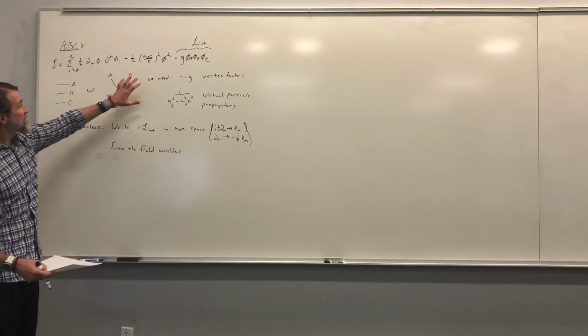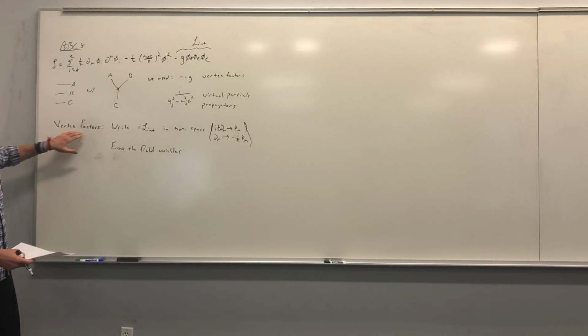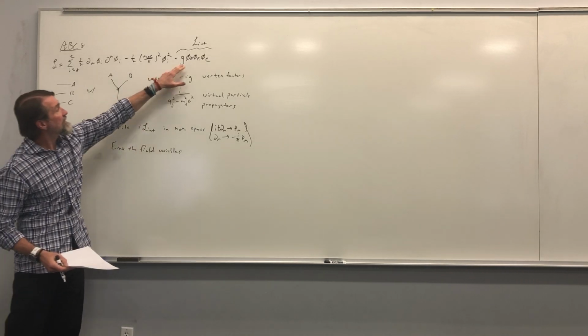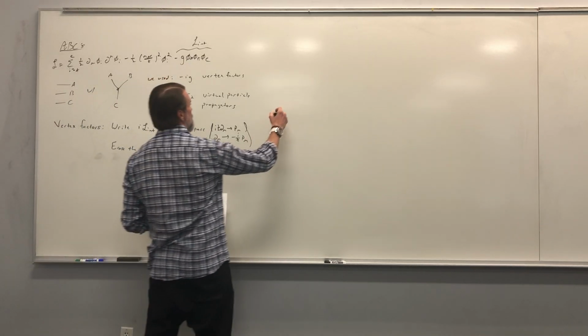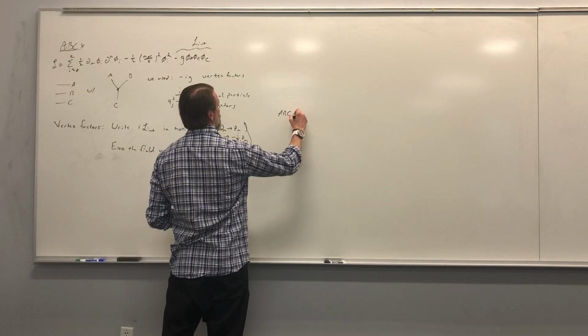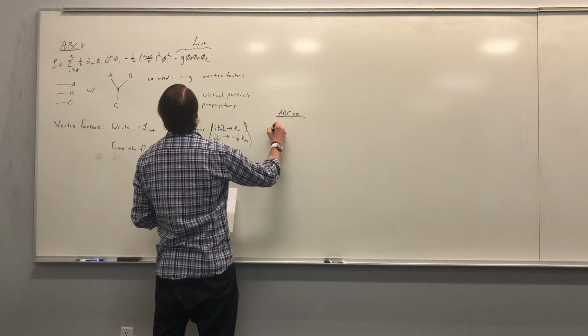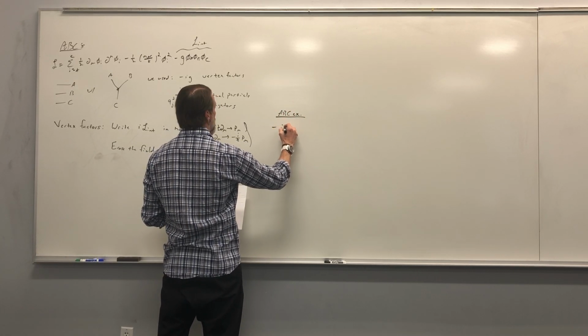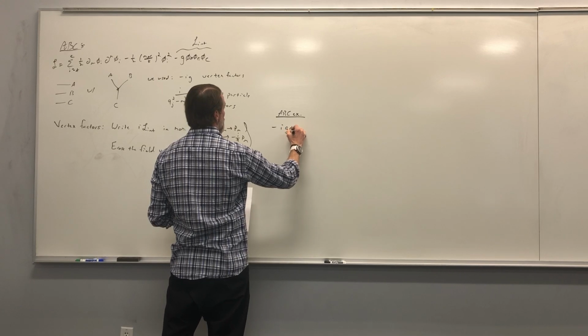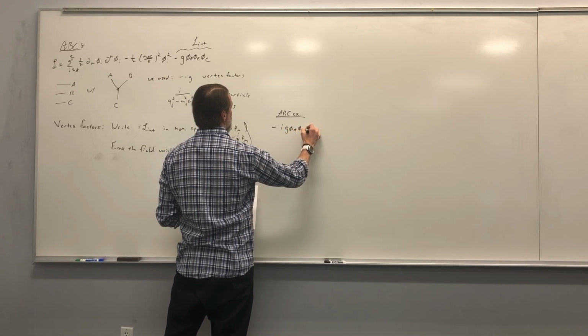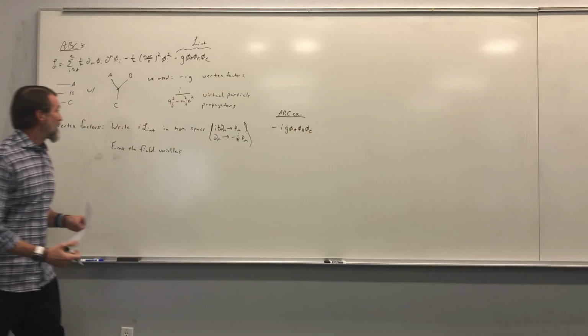So let's see how this plays out in this story. First of all, we want to write i times the interaction Lagrangian. So in the ABC example, we would do minus i g φ_A φ_B φ_C.